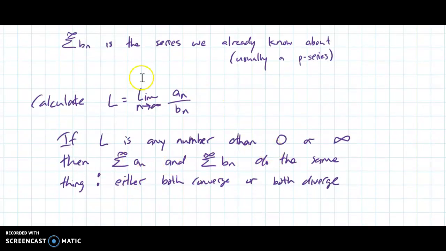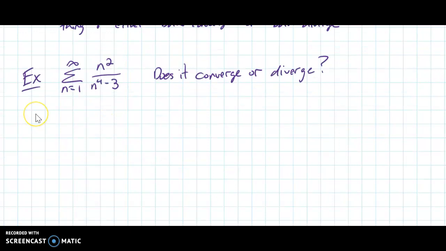So let me show you an example. Here we have sigma from n equals 1 to infinity of n squared over n to the fourth minus 3. And the question is, does it converge or diverge? What we're going to do is use the limit comparison test.